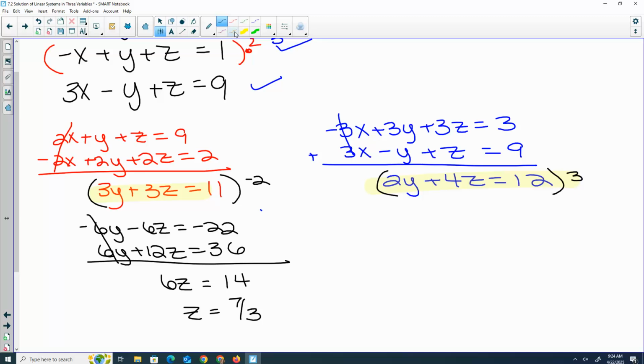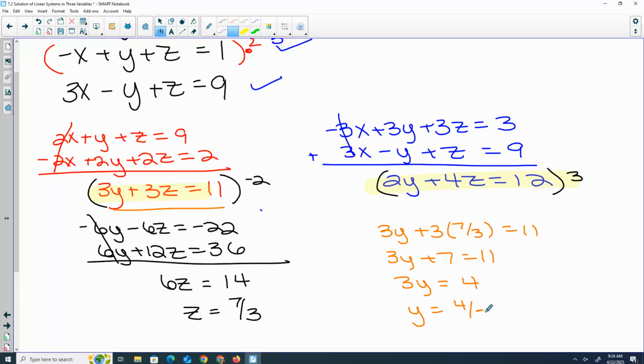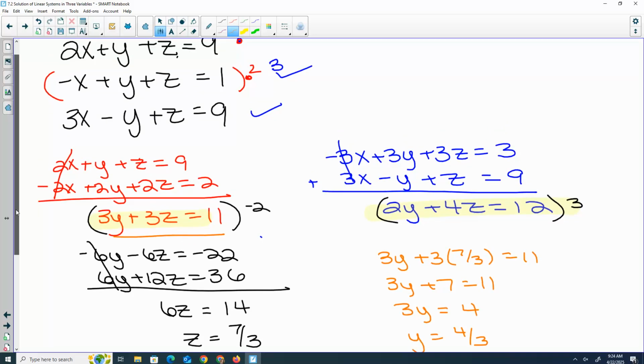Now I have to start plugging it back in. So I'm going to put it into this one. So we have 3y plus 3 times 7/3 equals 11. So 3y equals 4, and my y is 4/3. Then we can put it into any of them.